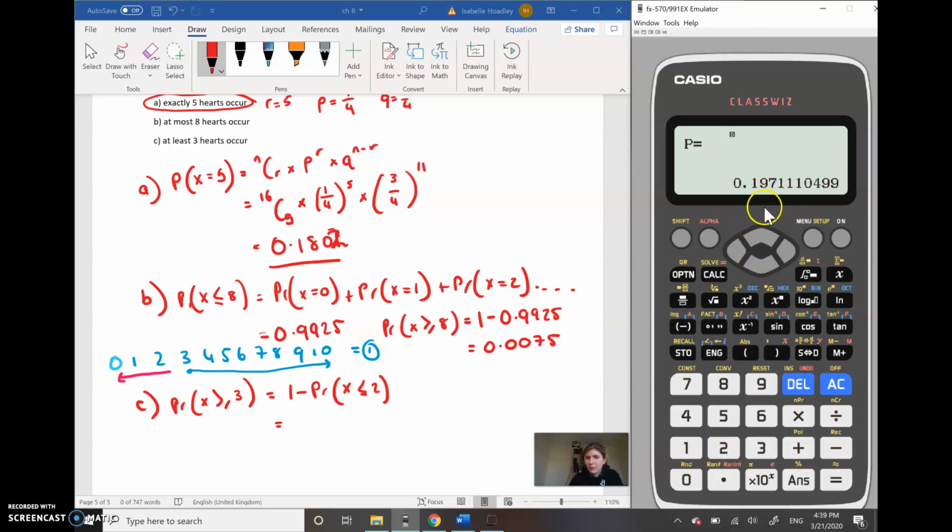We get 0.1971. So 1 minus 0.1971 gives you 0.8029. And there we're done.